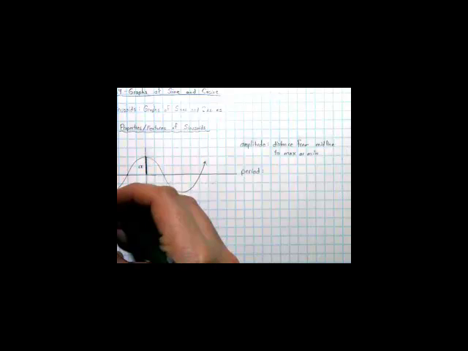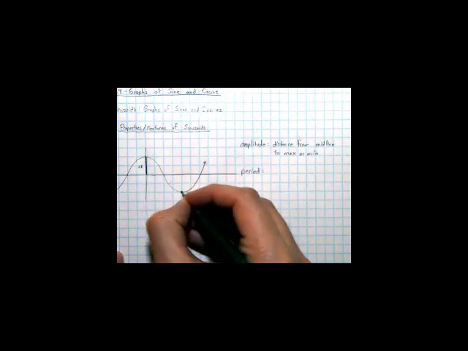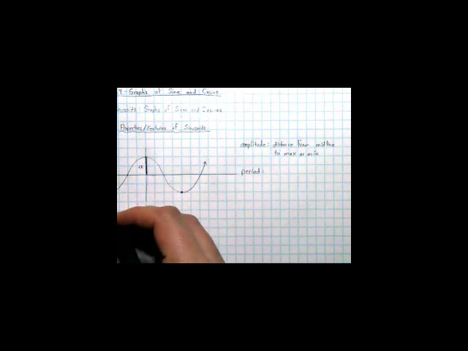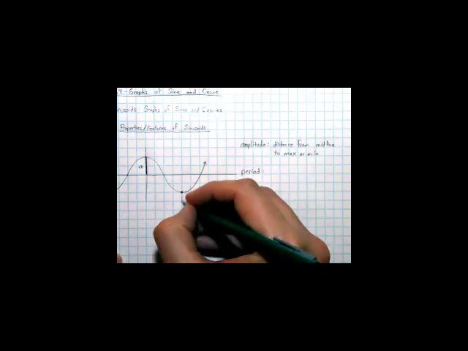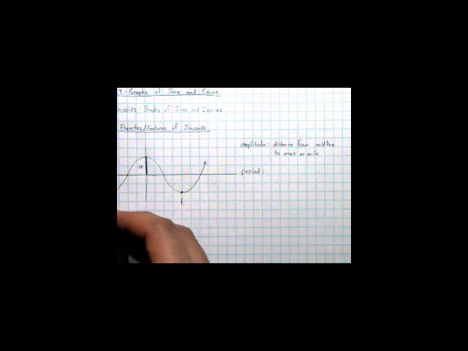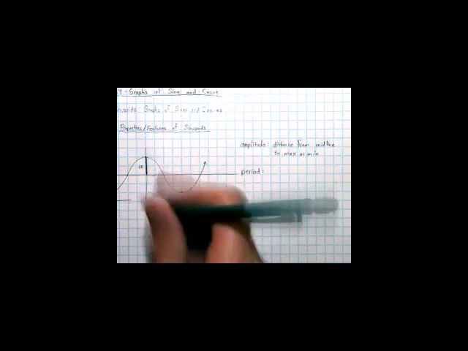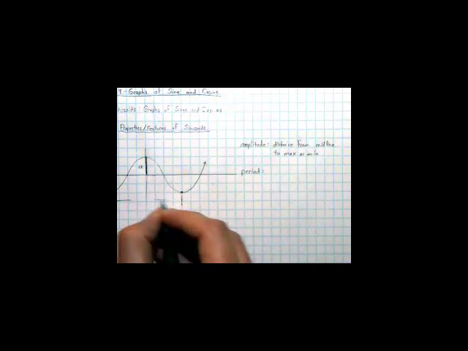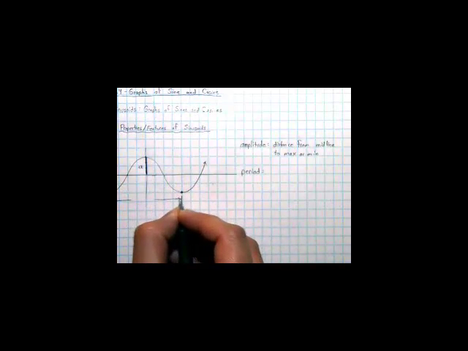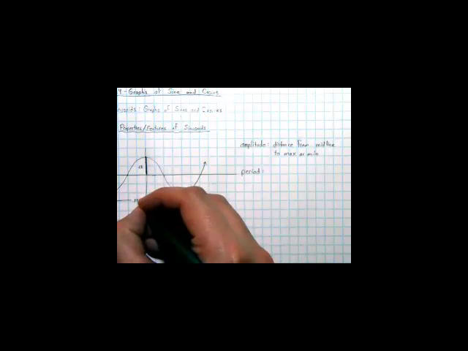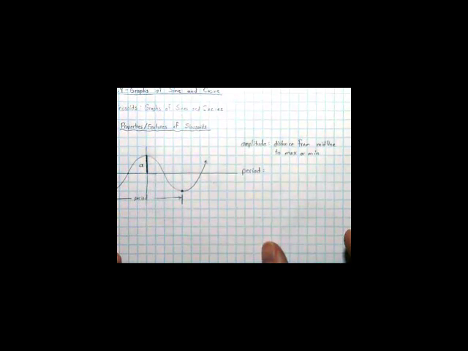So in the case of this graph right here, minimum to minimum would be the easier way to go. So yeah, that would be your period then.